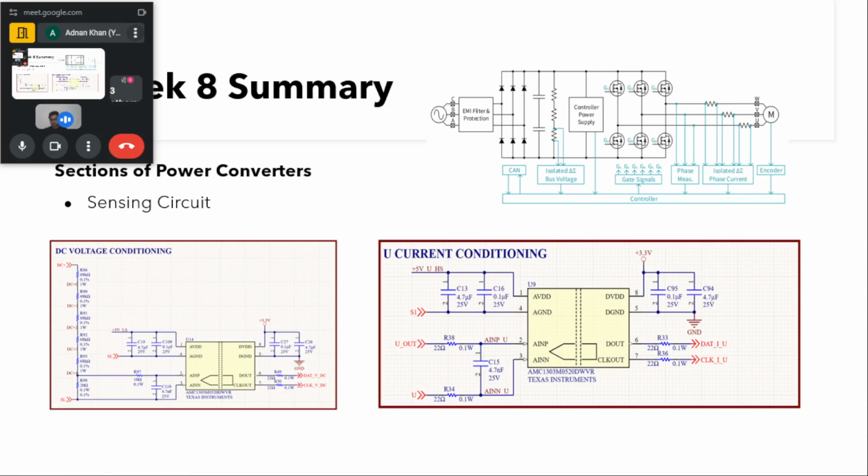And these resistors will be of very high precision, because there should not be any variation in the value of these resistors, because then there will be a variation in our sensing as well. And after that, they will provide a voltage that will be proportional to the current flowing in that particular branch or line.